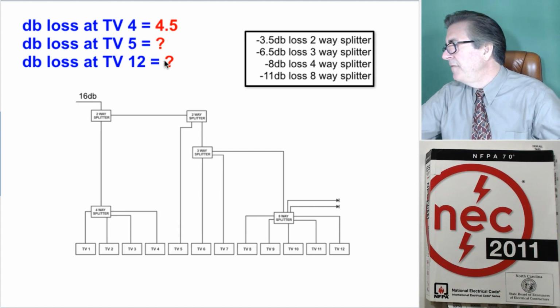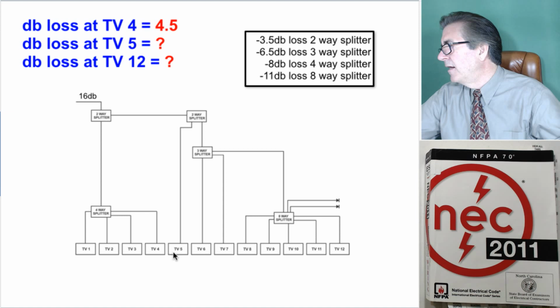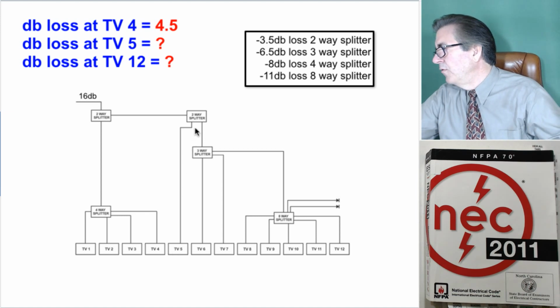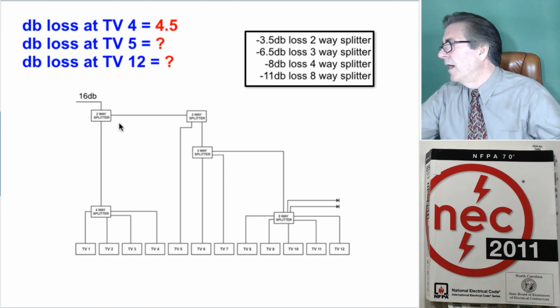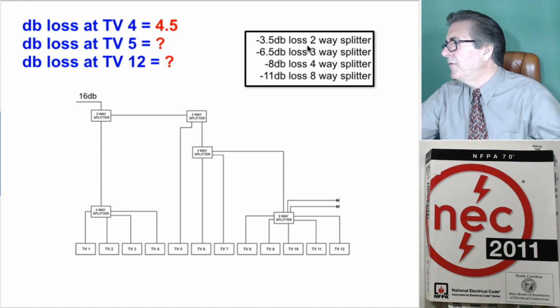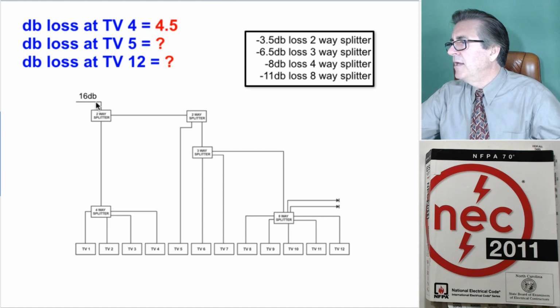Let's take the next one, TV5. I've got a 2-way and a 2-way, so that's two 2-ways, which is minus 7 decibels. You have 16 dB coming in, and you subtract 7 decibels from it, and you get a positive 9.